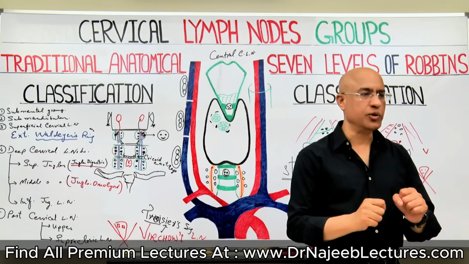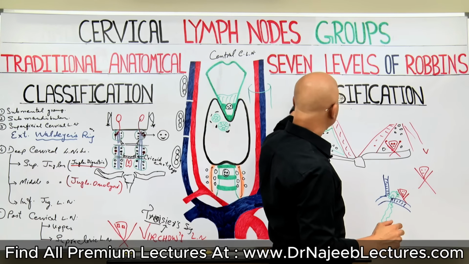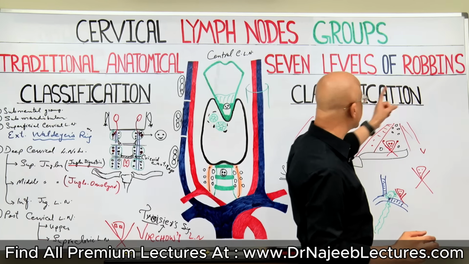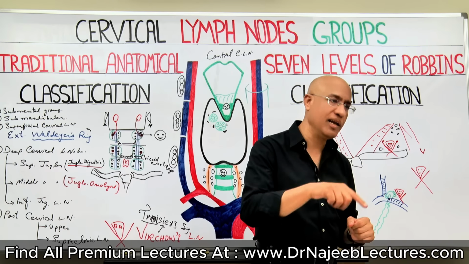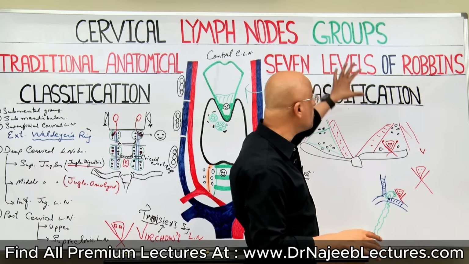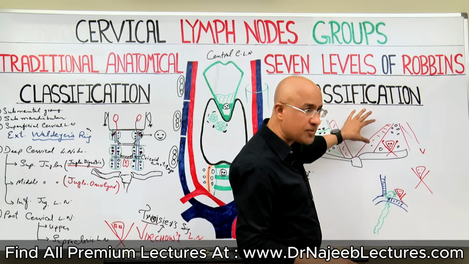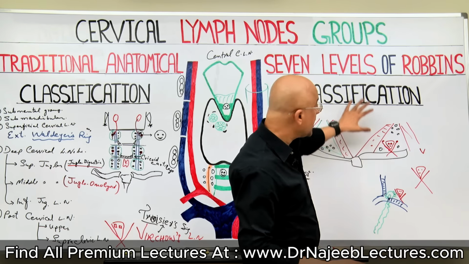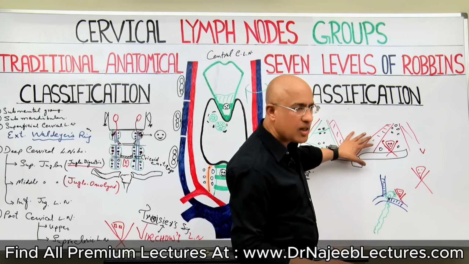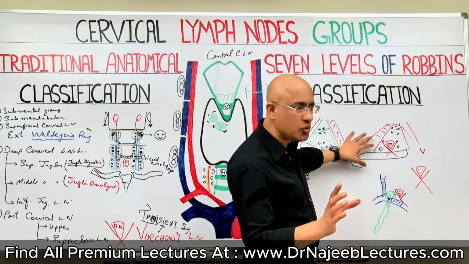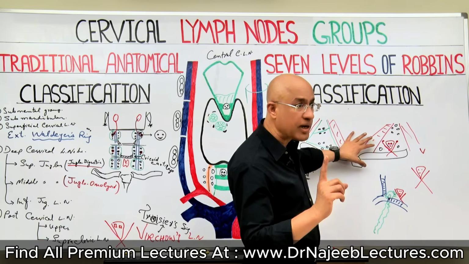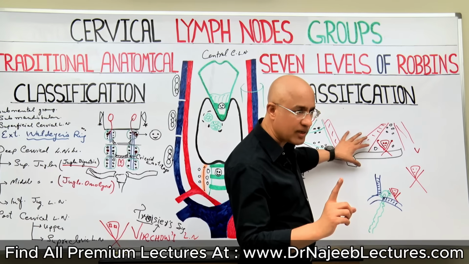Now we will continue with the 7 levels of Robbins classification of cervical lymph nodes. This is the modern classification, and according to this classification, which I will teach you now, number 1, it is used to detect the spread of cancer in the cervical region.